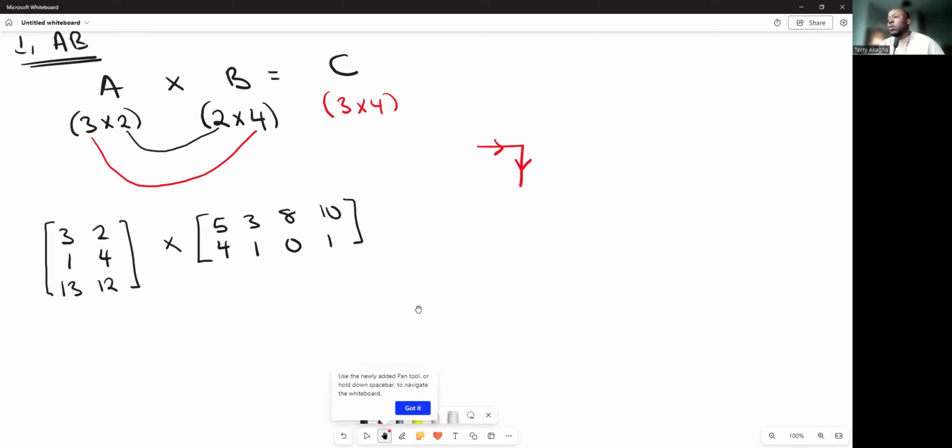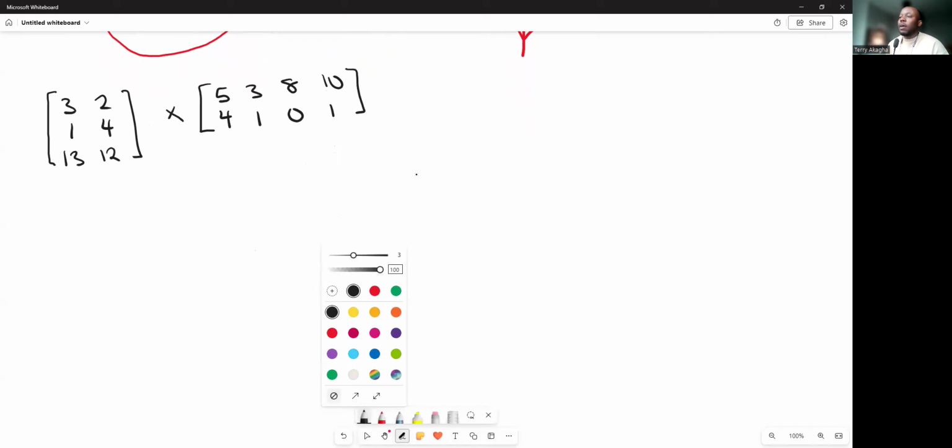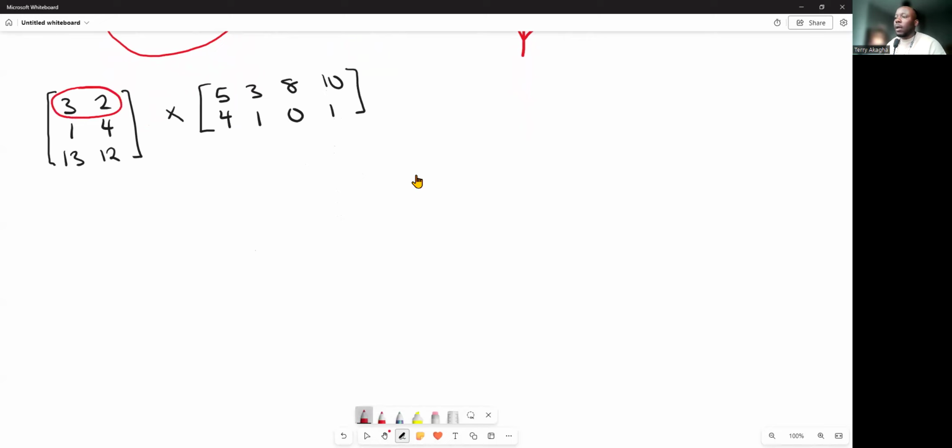So let's go. We're going to draw this together. For the first row, we have 3 and 2. It's similar to opening brackets.